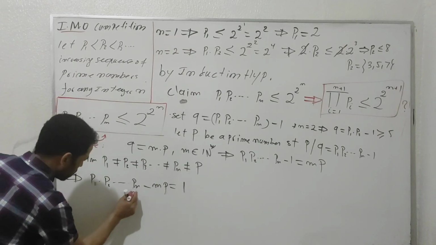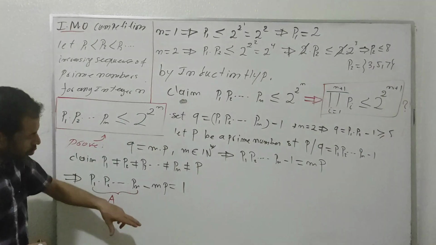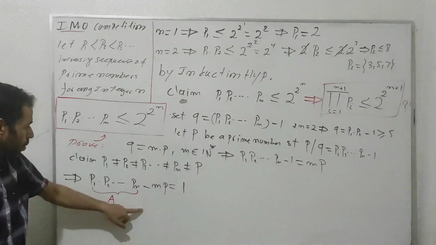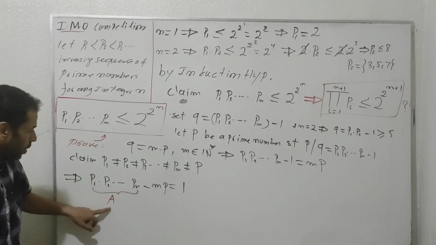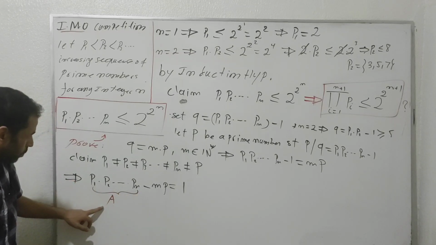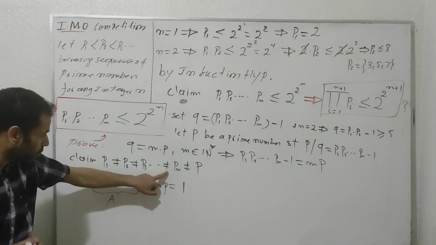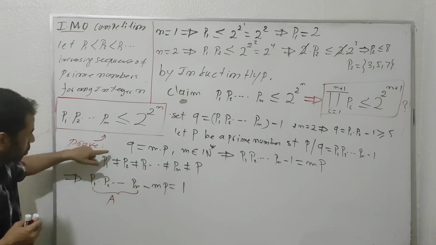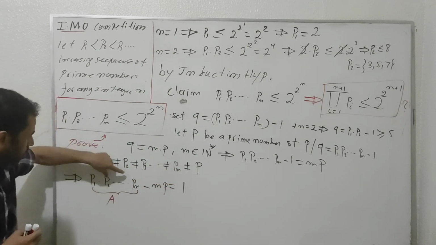Let's set this one equal to a capital A. What is this telling us? This is verifying the Bezout theorem, because we know GCD of P and capital A equals 1, because P does not divide capital A by assumption. Be careful, by assumption, P is defined as a prime number not belonging to this group, which means not divisible by this product.